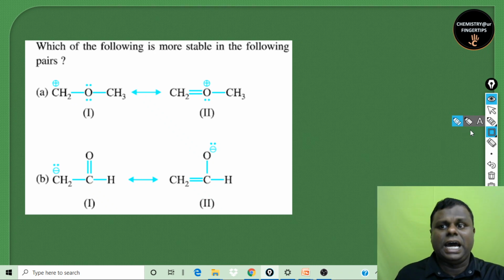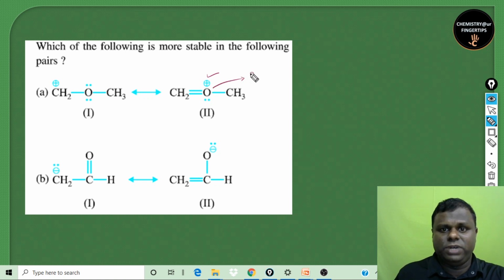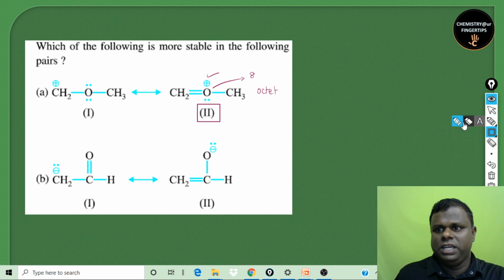We already know that a carbocation has an incomplete octet, whereas this oxygen with a positive charge is connected to 3 bonds. That means a total of 6 electrons plus 2 electrons from the lone pair, so it is surrounded by 8 electrons in total. This is a complete octet, so this is going to be the correct answer. Second is going to be more stable than the first one. In this structure, 2 is more stable than 1.